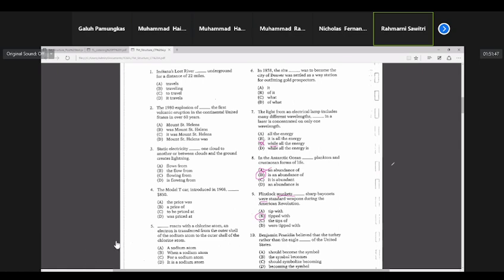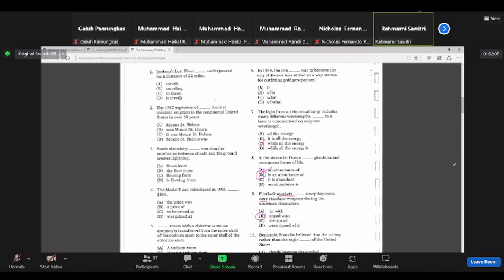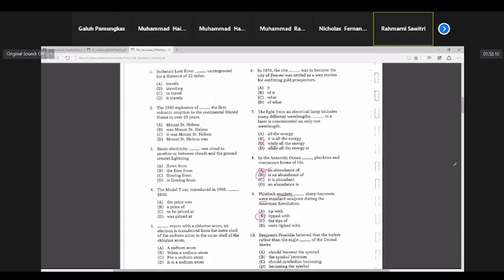Then number 10, what about Prasetyo Kamaruzaman? Prasetyo? Raka Dimas? Yes, ma'am. Number 10. Yes.